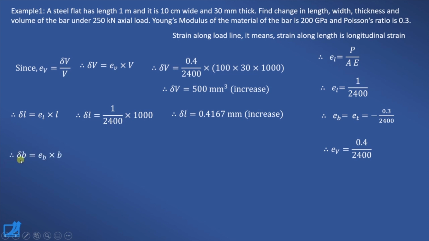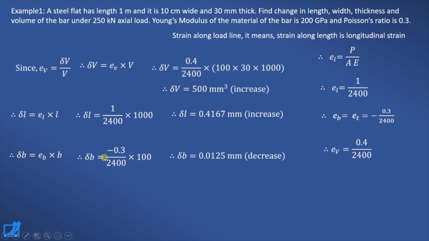Now change in width is strain in width into original width. Just put the corresponding values. Strain in width is minus 0.3 divided by 2400, and this is how you have found out change in width of the body.